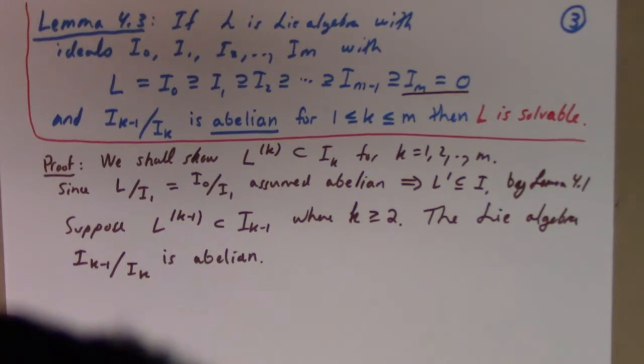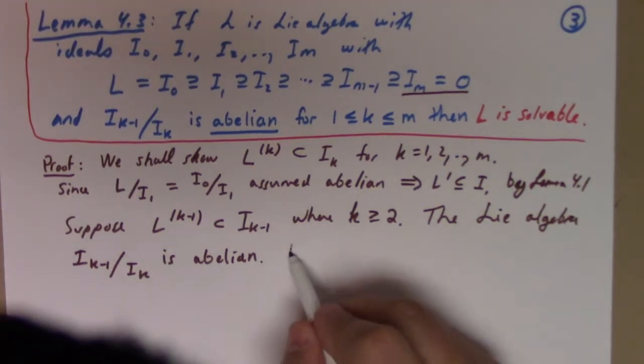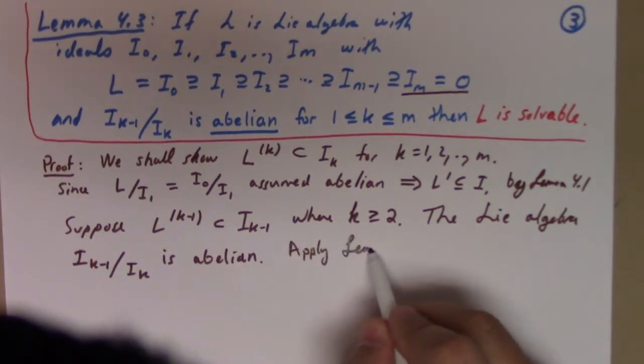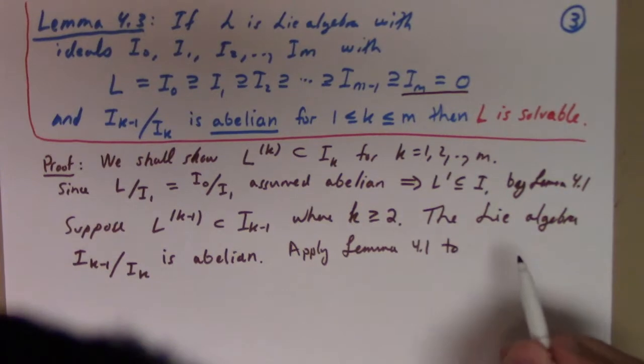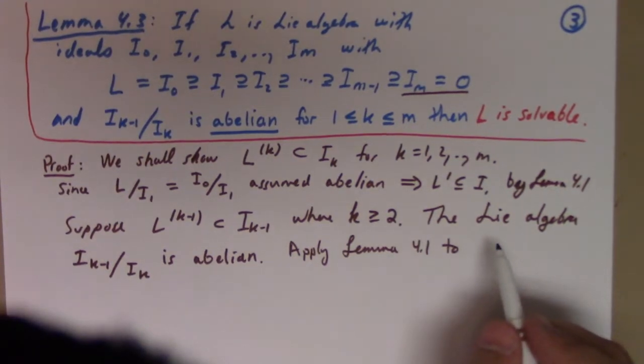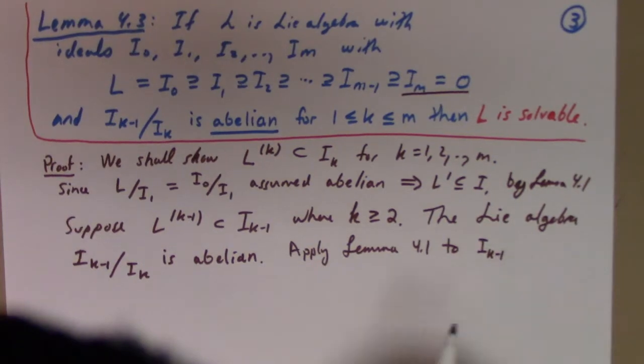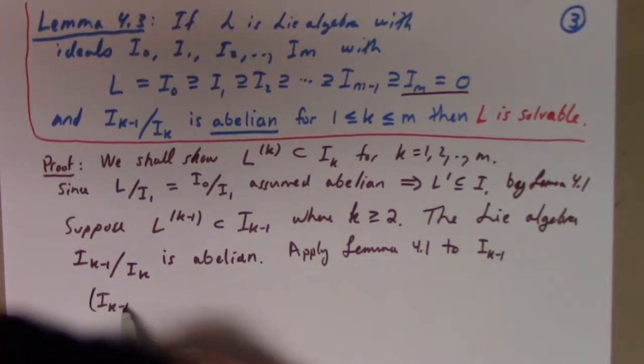So then what? Now we're going to use lemma 4.1 again, applied to I_{k-1}. Lemma 4.1 would say I_{k-1} prime is a subset of I_k, right?